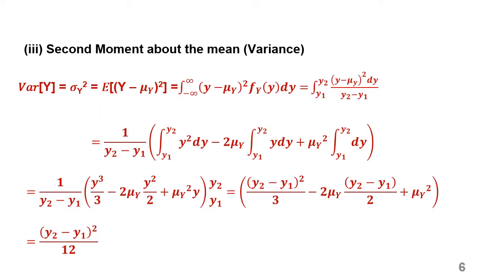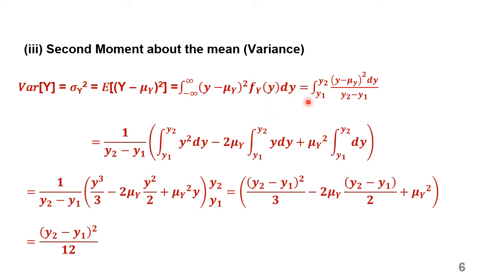We try to solve the third part of the example, that is the second moment about the mean. We need to calculate the variance. Variance of y is equal to standard deviation whole square is equal to the expectation of y minus mean whole square. That is the integral of y minus mu y whole square fy of y dy.